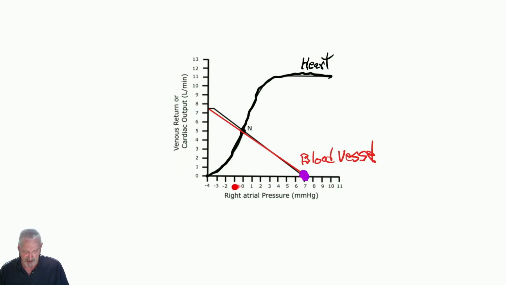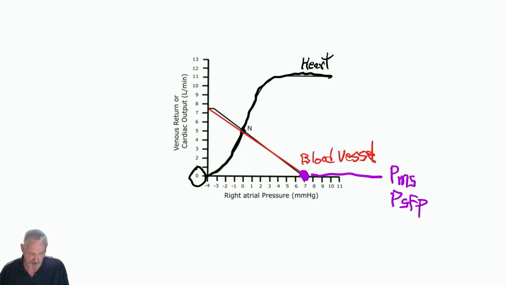So this is the right atrial pressure axis, and the right atrial pressure when cardiac output is equal to 0 is where this purple dot is, and we're going to call that mean systemic filling pressure, PMS. Sometimes we call it systemic filling pressure, so you see both kinds of abbreviations.